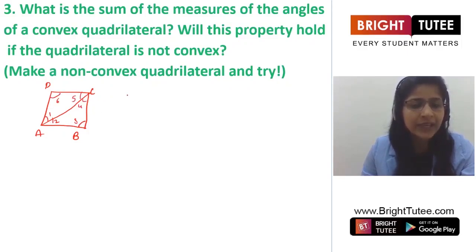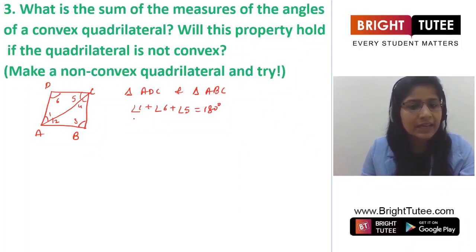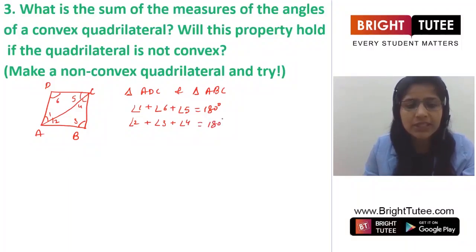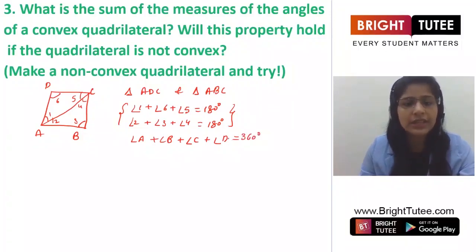As discussed earlier, here we have two triangles, triangle ADC and triangle ABC, and we know in triangle ADC the sum of three angles, that means angle 1 plus angle 6 plus angle 5, is 180 degrees, and in triangle ABC, angle 2 plus angle 3 plus angle 4 is equal to 180 degrees. That means the sum of angle A plus angle B plus angle C plus angle D is equal to 360 degrees.